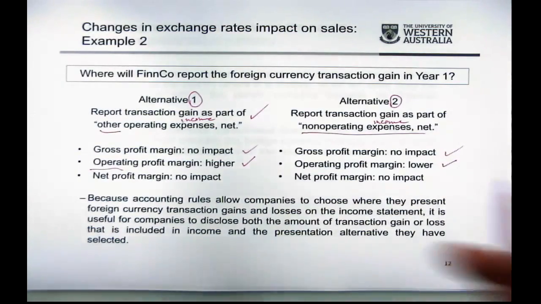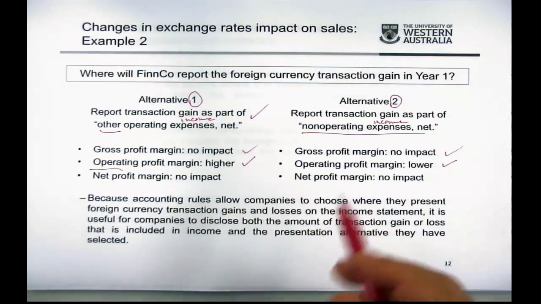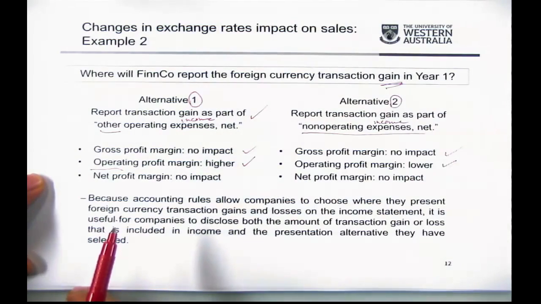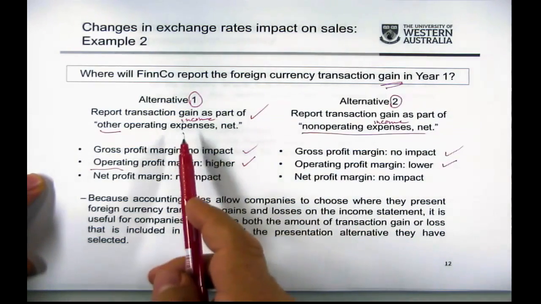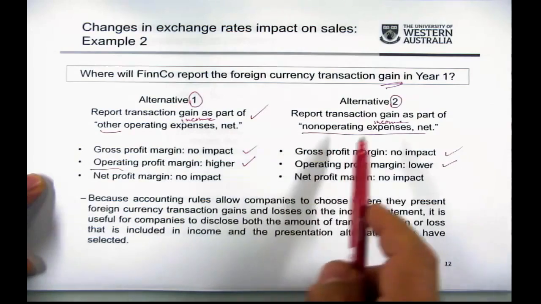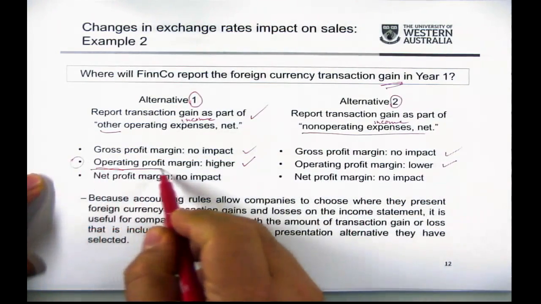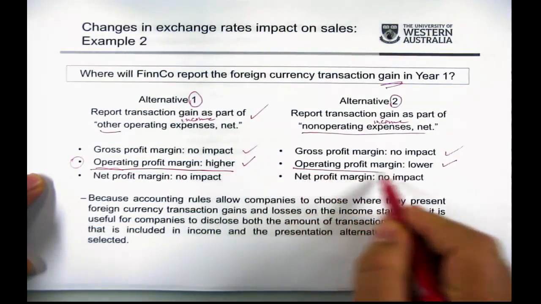Take a firm that reported a gain. Assume that we have a gain, and two firms have the same quantity of gain. One of them reported the gain here, and the other reported the gain here. In this case, this one would have a higher operating profit margin relative to this one, so this one is lower.